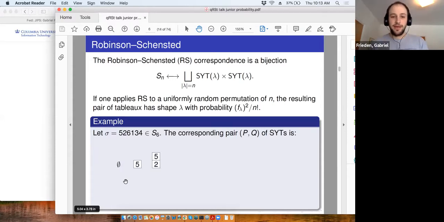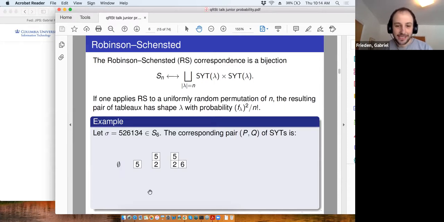Then I take the second entry in the permutation and I try to add it to the first row, but I can't put the 2 next to the 5 because that would violate the strict increasing condition of standard tableau. So instead I have to bump the 5 out of the first row and it moves up to the second row and I end up with this.